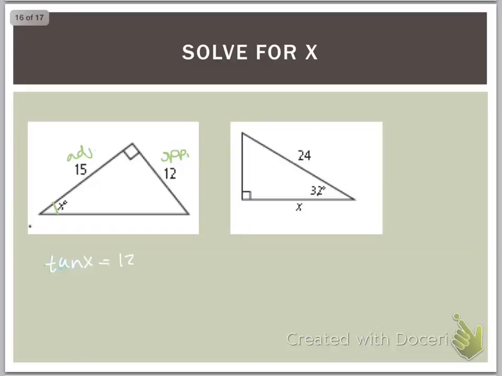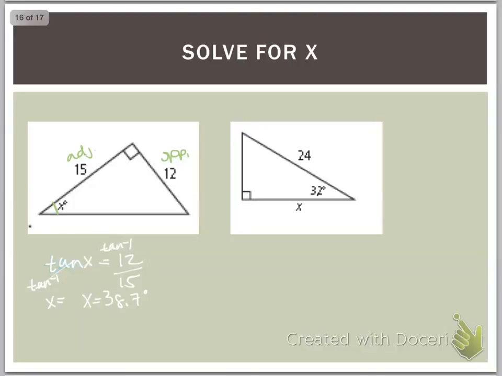So we're going to do our opposite over our adjacent. Okay, so remember, if we're trying to find the angle, I need to get x by itself. So I need to do the inverse tangent of both sides to get that x by itself. So when I type it in, I type in second tangent to get the inverse tangent, 12 divided by 15. So my angle measure then is 38.7 degrees.